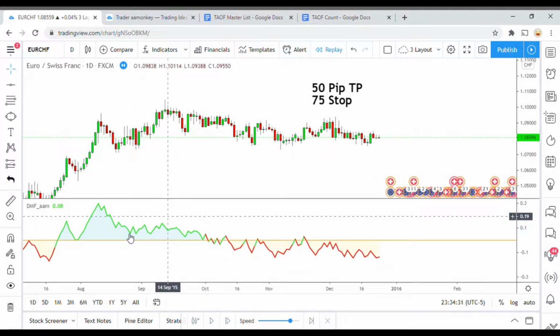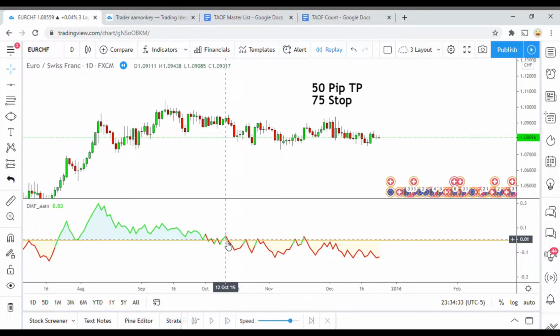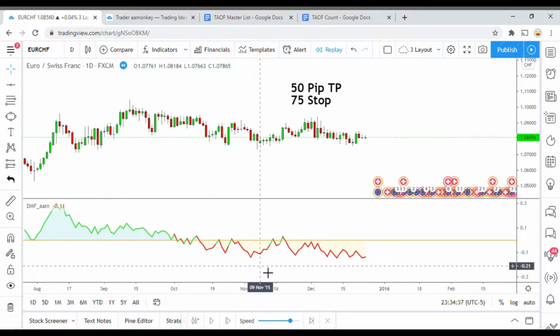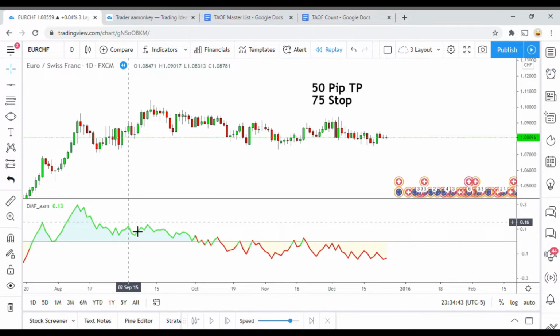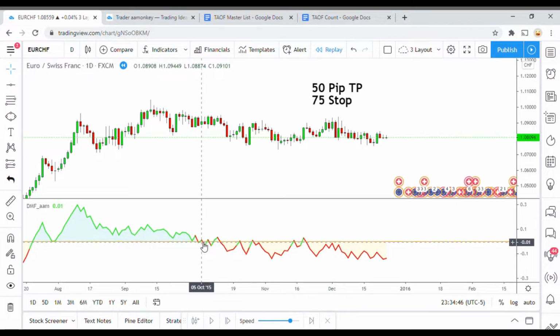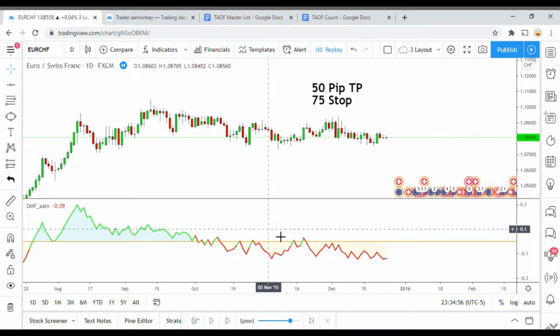Maybe the yellow's super hard to see sometimes, so hopefully this will help it stand out a little bit more. I think maybe the green is not doing much justice, but that's all right. So when we get a green signal, when price action is crossing up above the zero line, that is a signal to go long. When it crosses down below and it goes red, that is a signal to go short.